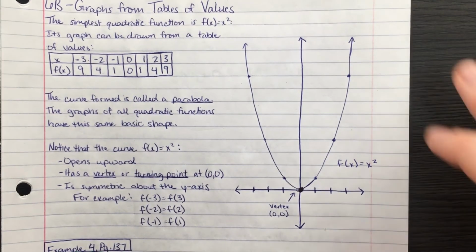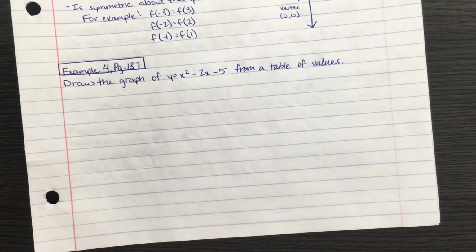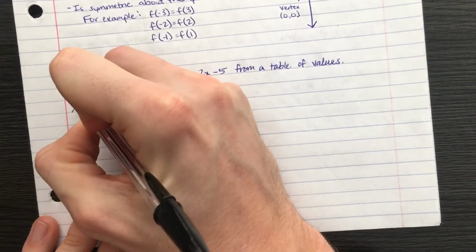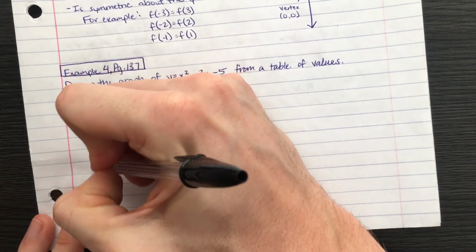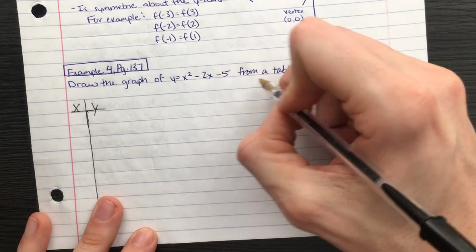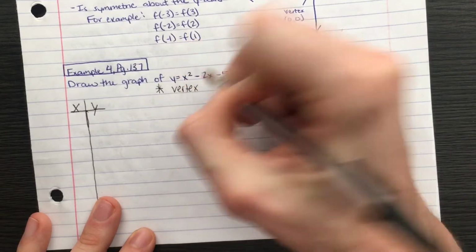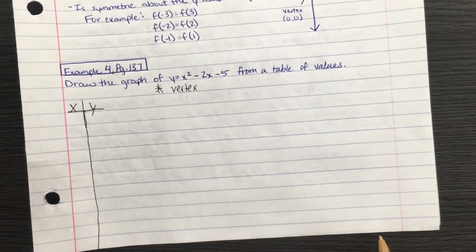So let's take a look at drawing a graph of one that's not the perfect parent function. A few things you want to make sure you have when you're graphing something: the vertex is important, so where is the lowest or highest point of this graph?